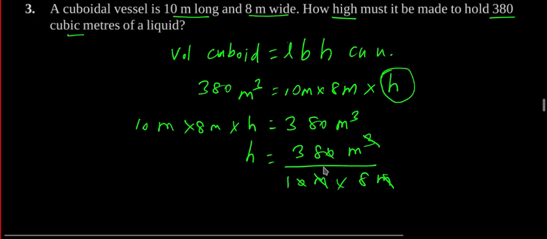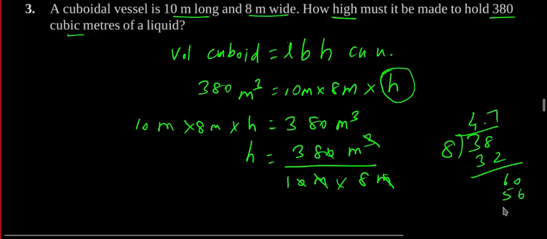So 380 divided by 10 into 8, this 0 will get cancelled. 38 divided by 8 only is left over. So if we divide 38 by 8, we will get 4 8s are 32, 60, 7 8s are 56, 4, 5 8s are 40.